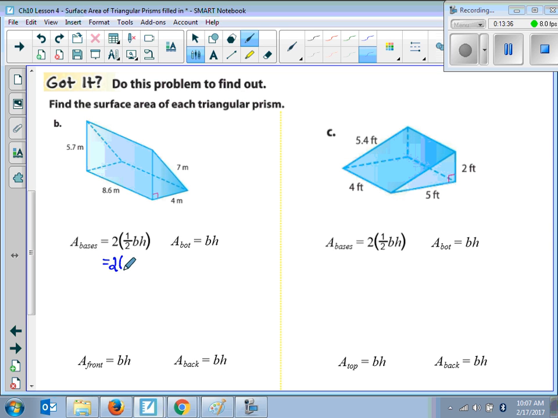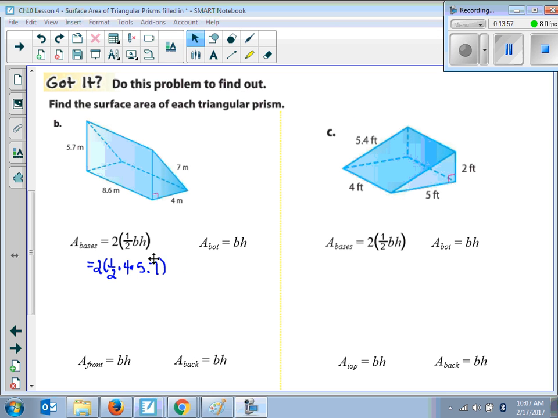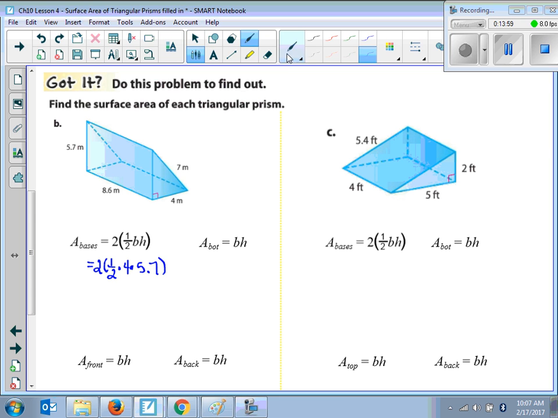So it's 2 times 1/2 times the base, which is 4, and the height is 5.7. So we've got 4 times 5.7. Okay? So now we can simplify that.